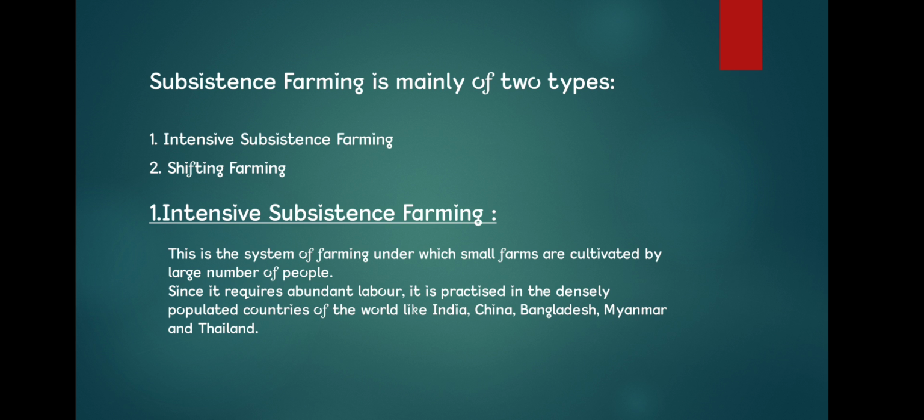So what do you mean by intensive subsistence farming? This is the system of farming under which small farms are cultivated by a large number of people. That means intensive farming is practiced on small plots of land. The farmers try to get the maximum yield from small land by using crossbreed or hybrid seeds.